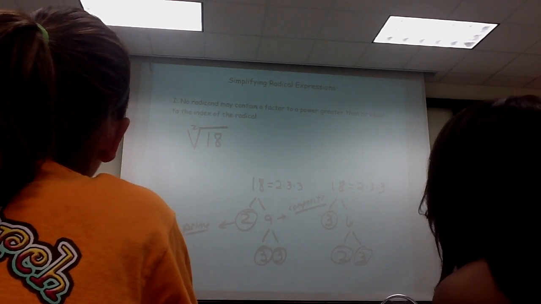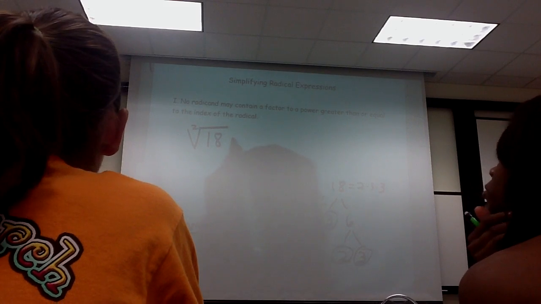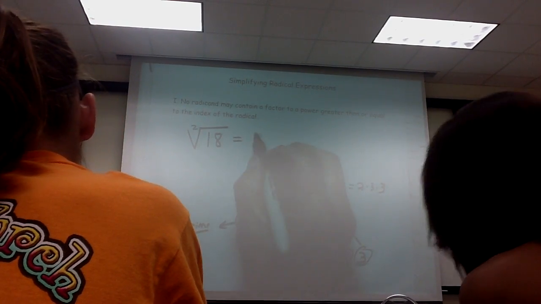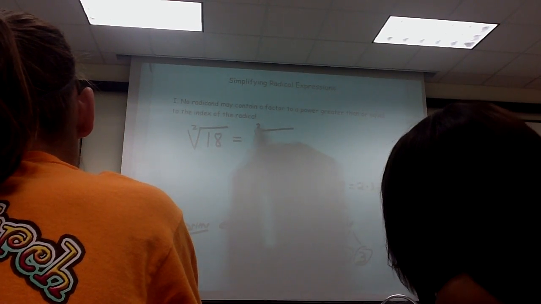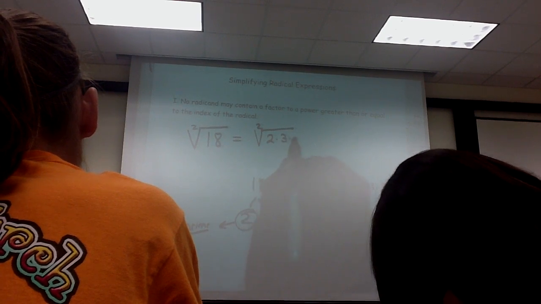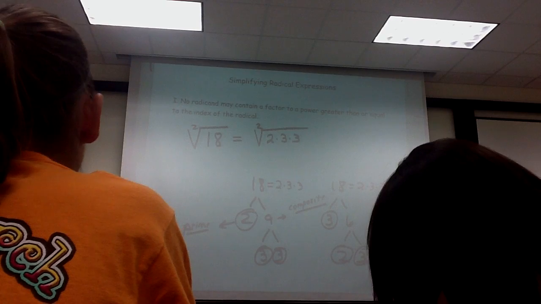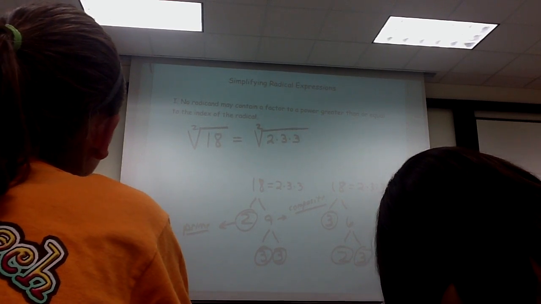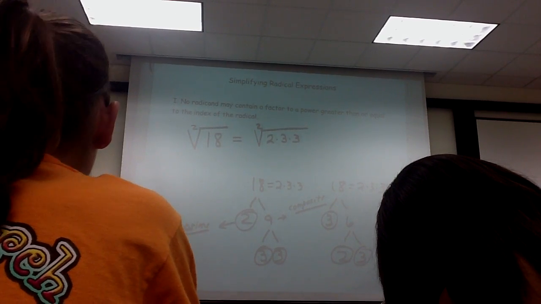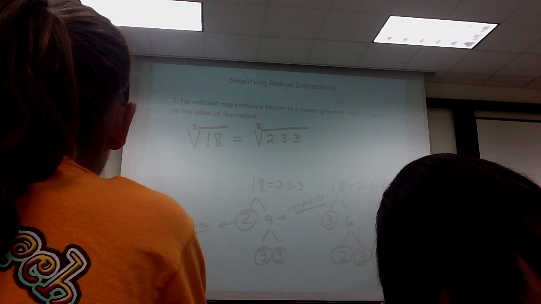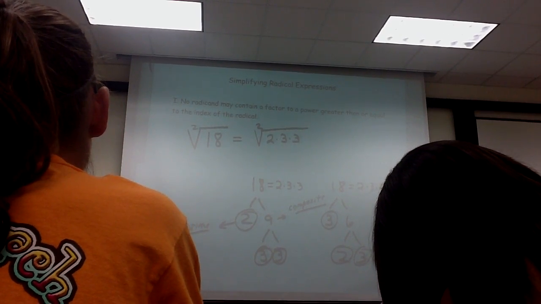All right. We've got this thing in its prime factors. So the square root of 18 is the same as the square root of 2 times 3 times 3. Now here's the question. Does a factor appear the index number of times or more?